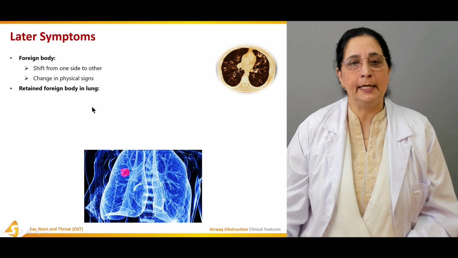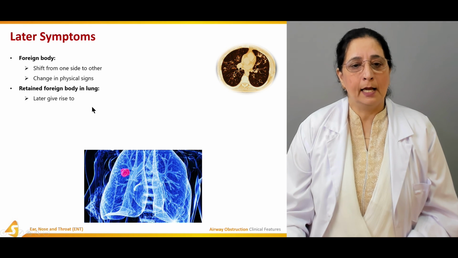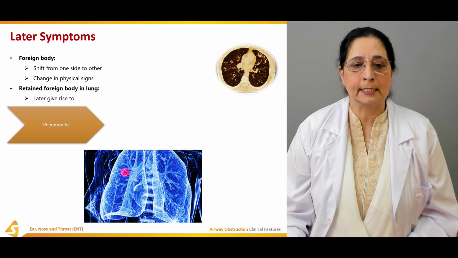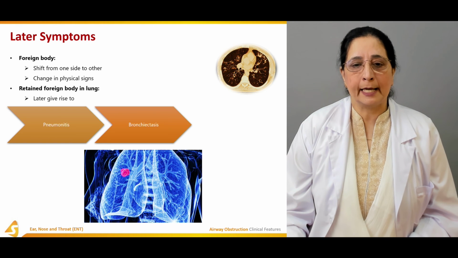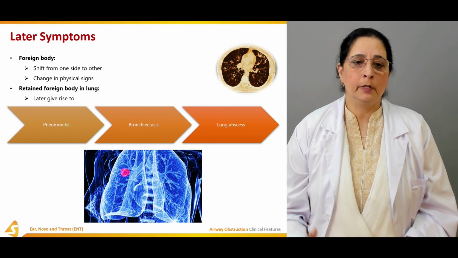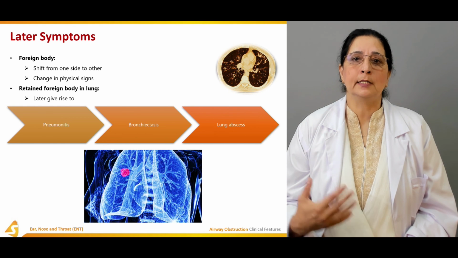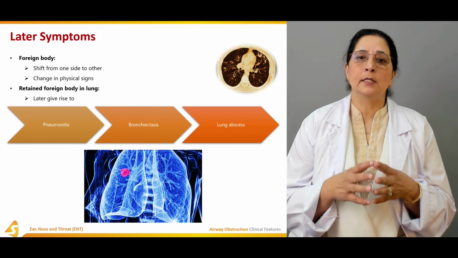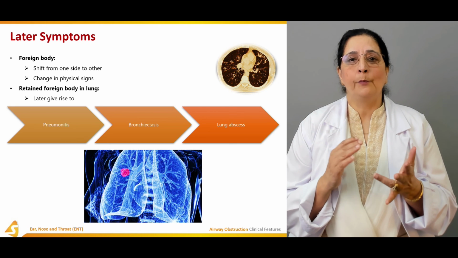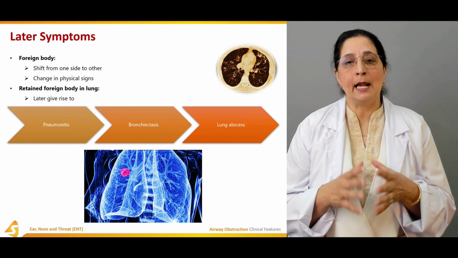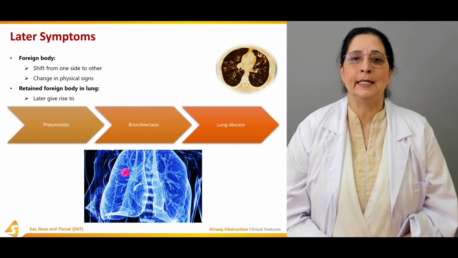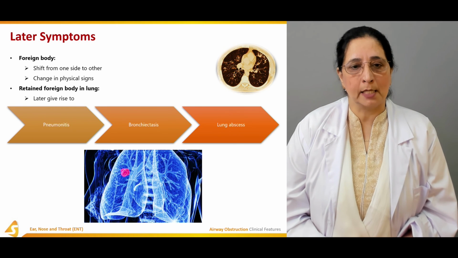A retained foreign body in the lung later gives rise to pneumonitis, bronchiectasis, and lung abscess. So these are the later symptoms. It can cause serious conditions like pneumonitis, bronchiectasis, and lung abscess if the foreign body stays for a long time.